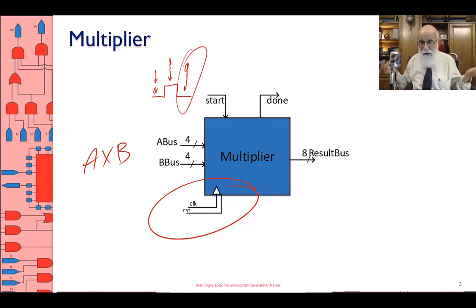All right. There are good multipliers, and a lot of work has been done on multiplication, and courses on computer arithmetic cover a lot of highly efficient techniques for multiplication. I'm not doing that.